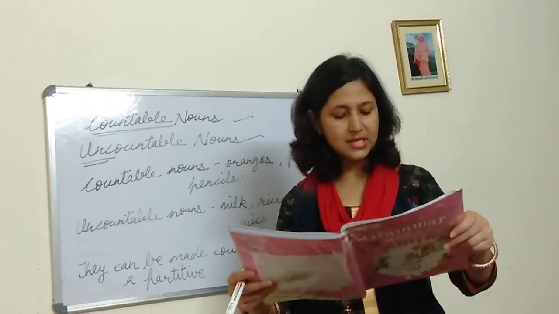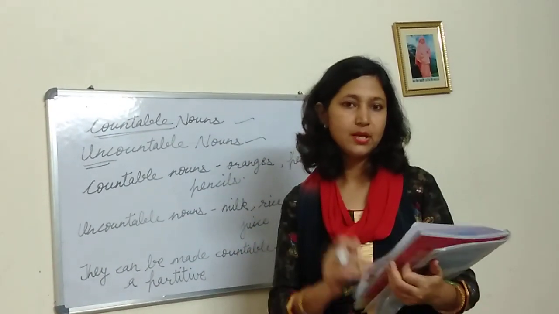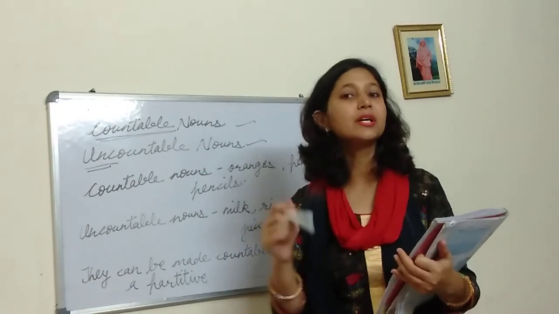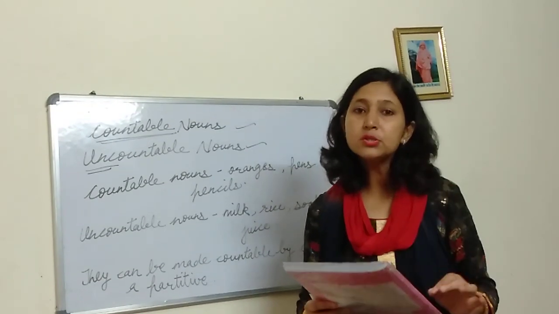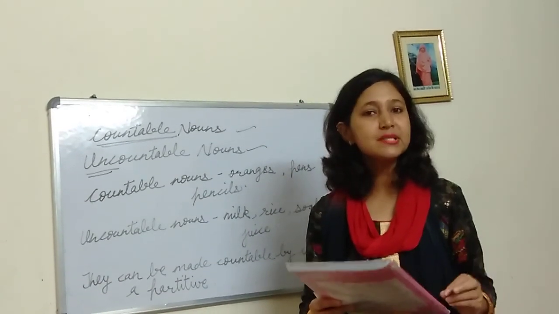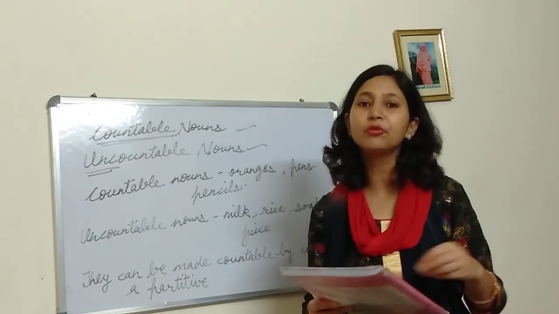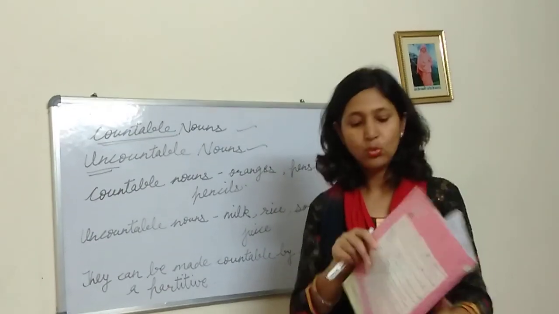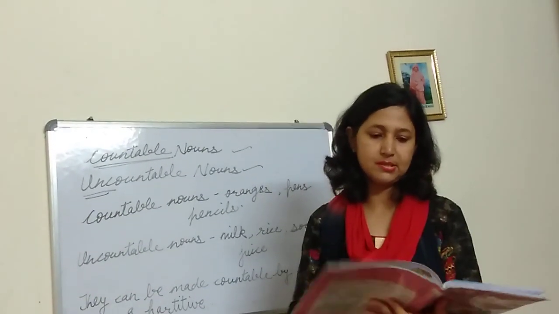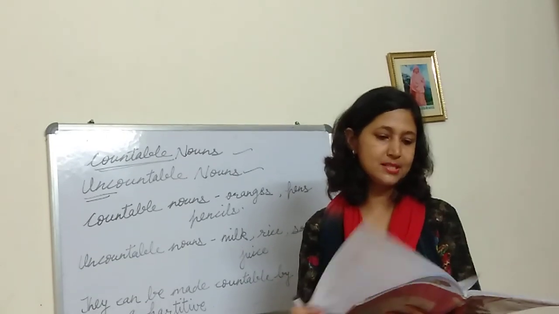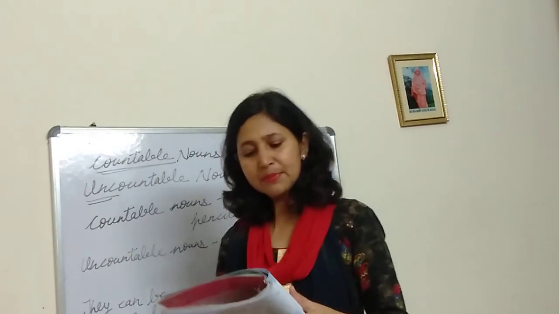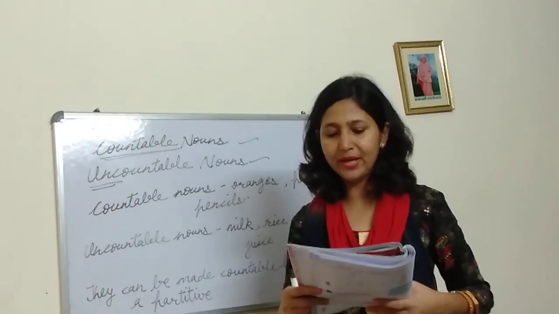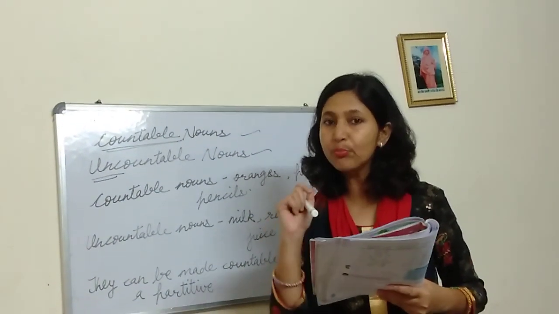Rewrite these sentences after correcting the incorrect plurals. You have to rewrite after correcting the plurals. And one more thing, I'm also sending prefixes in one PDF. You have to learn all these prefixes. What is a prefix? Let me explain. Sometimes we add a letter or a set of letters before a word to change its meaning.